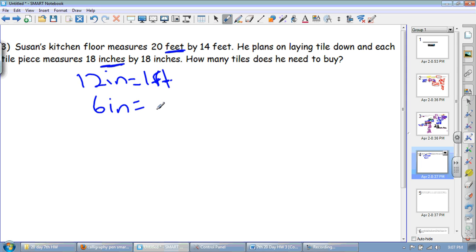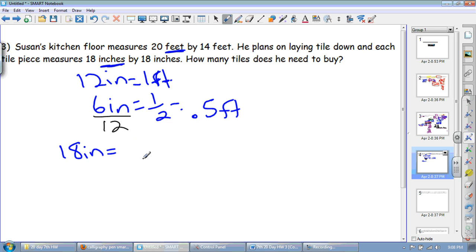That's 6 out of 12, which is just half a foot, or 0.5 feet. Then we can put them together. So 1 foot plus 0.5 feet means that 18 inches is 1.5 feet.